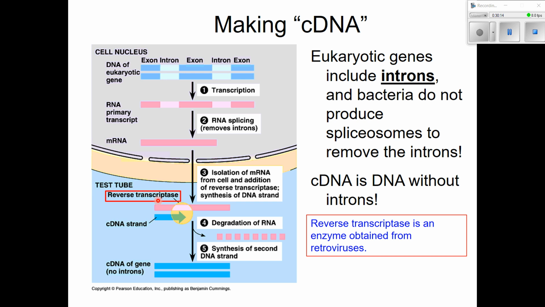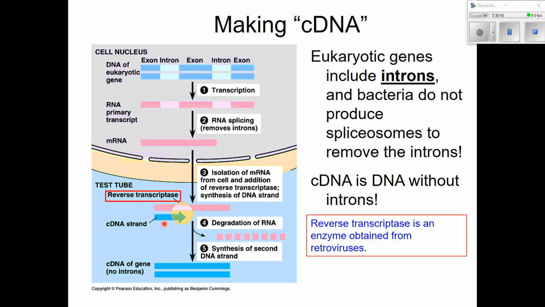That's not terribly important for you to know right now, but you're going to take this messenger RNA, put it into a test tube with reverse transcriptase, and what this wonderful enzyme does is it does transcription in reverse.